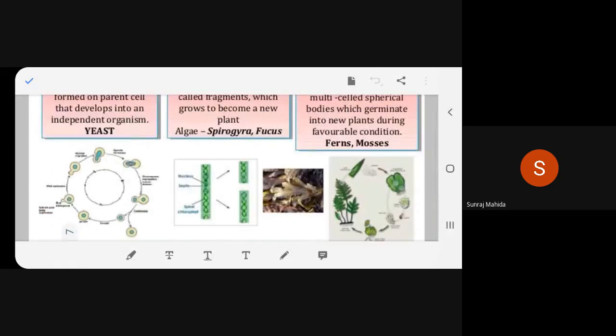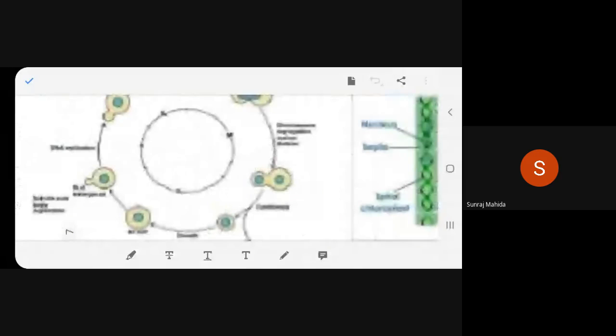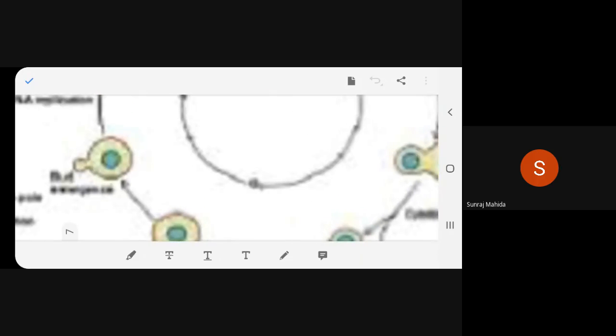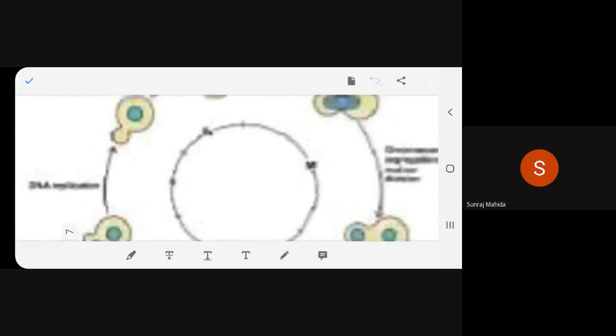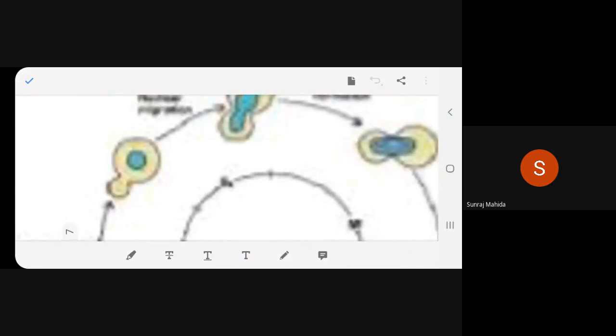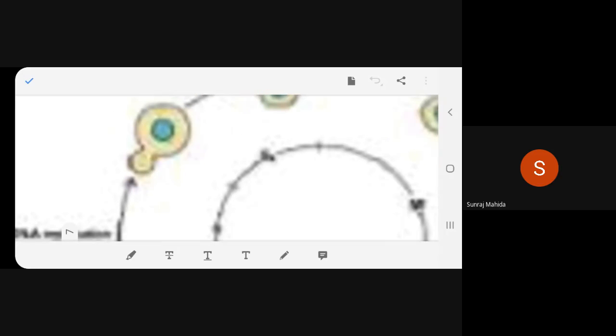Okay, now you see over here. This is one cell. Can you see this? And you can see the small bud coming out. This is the bud, and this bud will grow. Boys, can you see the bud? This bud is becoming big.